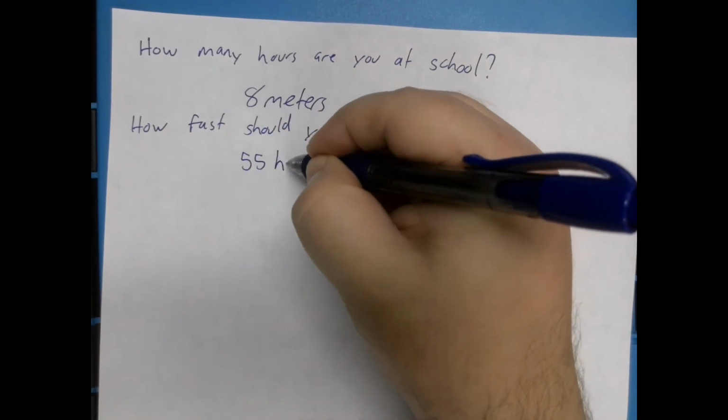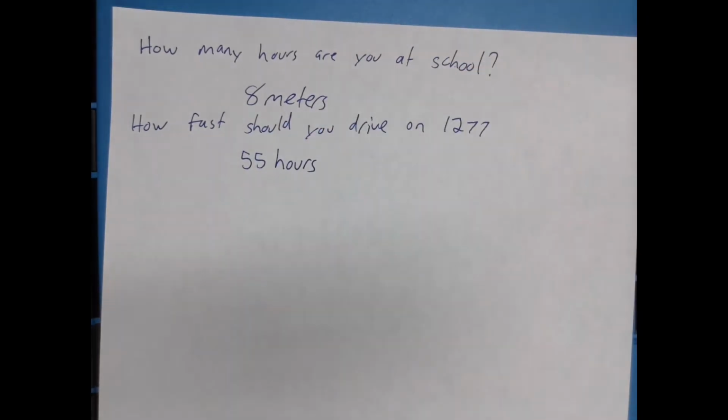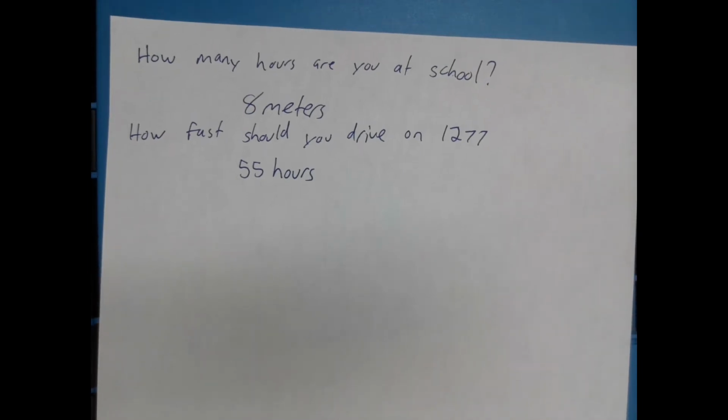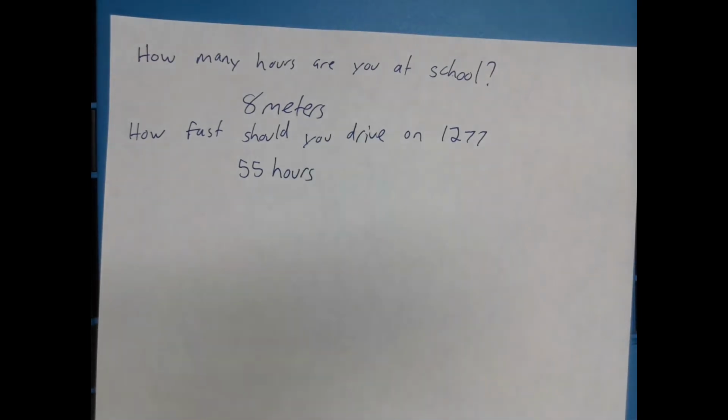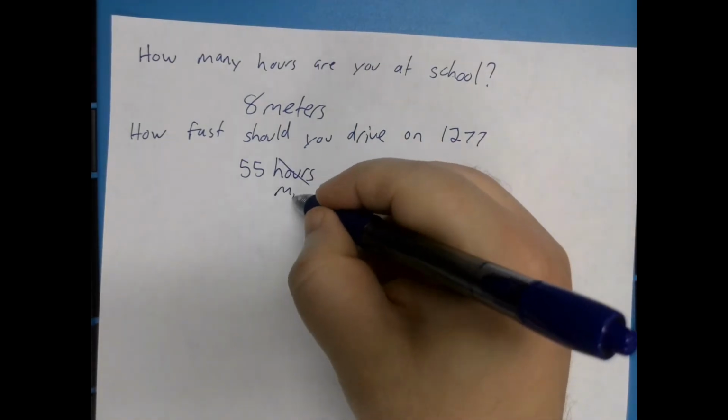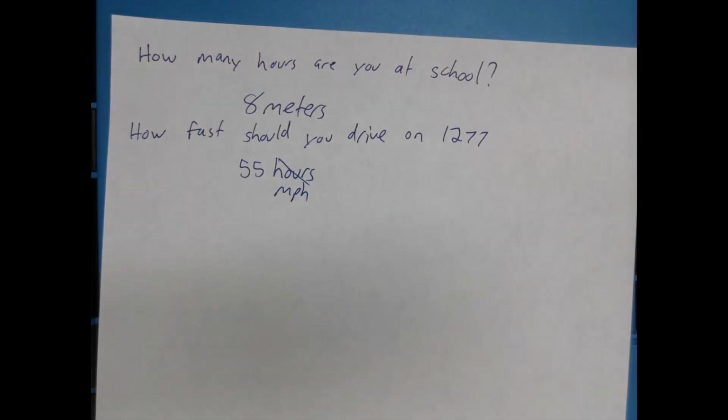But I see people put 55 hours. No, the road right there. This is 147. But my point is, look at the units. It should be in miles per hour, not hours.